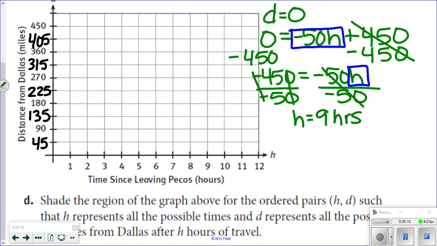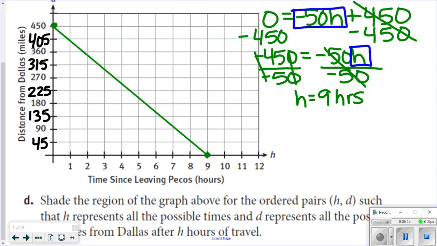So this is my x-intercept. This is my 0 of the function. So we know that our y-intercept is at 450. Our x-intercept is at 9. So what I want you to do is use a straight edge and connect those.